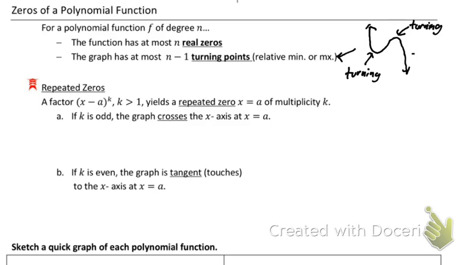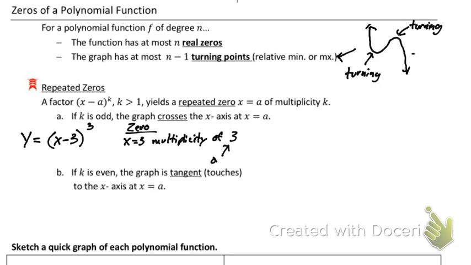Well, if you have a multiplicity of an odd number, so if you have a multiplicity of 3, then the graph crosses the x-axis at x equals a. It actually crosses through it. So the example I came up with was, if I have y equals x minus 3 to the third. For our zero, we have x equals 3, but with a multiplicity of 3.